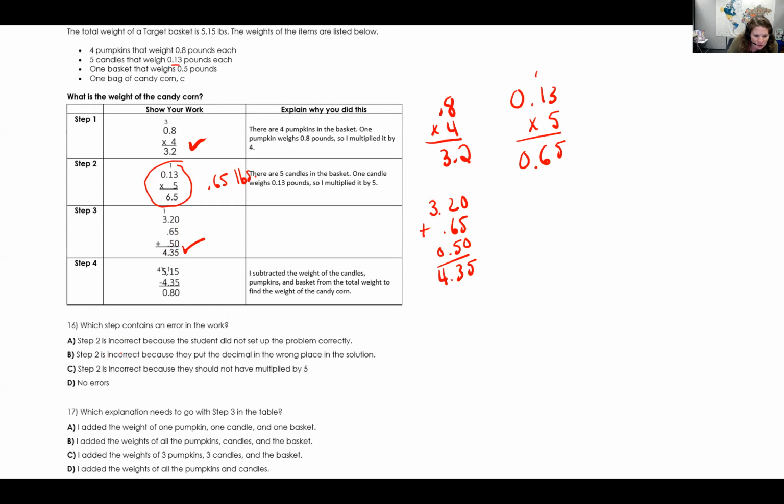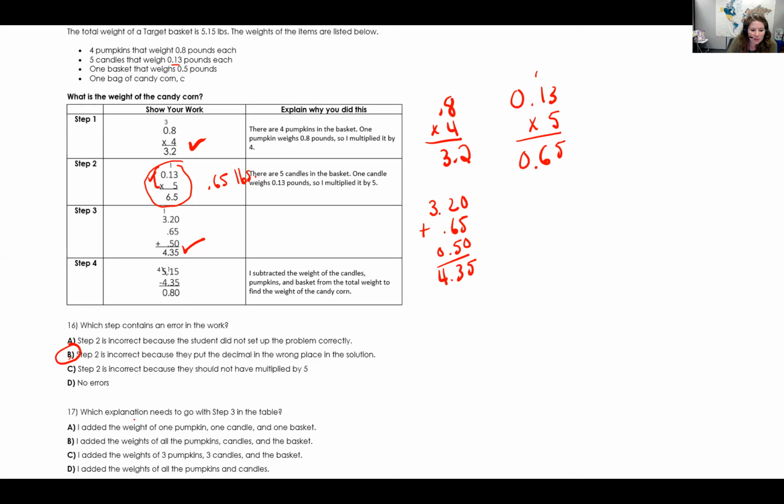So it says step 2 is incorrect because the student did not set up the problem correctly. Well, that's not true. The problem is set up correctly. Step 2 is incorrect because they put the decimal in the wrong place. That's true. Step 2 is incorrect because they should not have multiplied by 5. Well, they should have multiplied by 5, so that's not right. So B is the right answer.